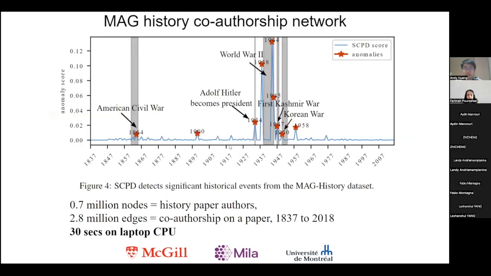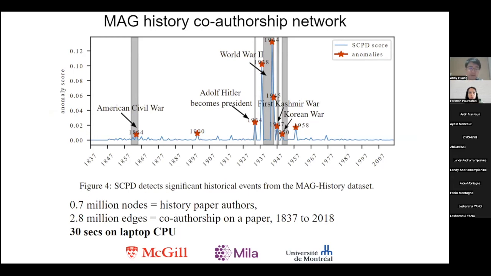And here I will talk about the real world experiments. First we have the MAG history, which is the Microsoft Academic Graph. Here we take the papers that are published in the history field, the nodes are the authors of the papers, and the edges are the co-authorship.